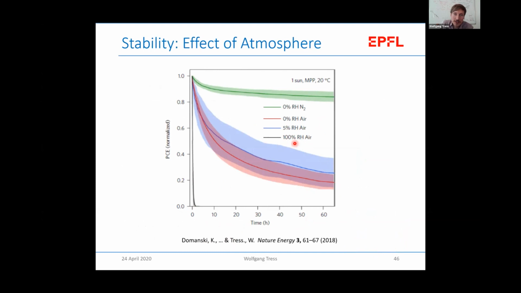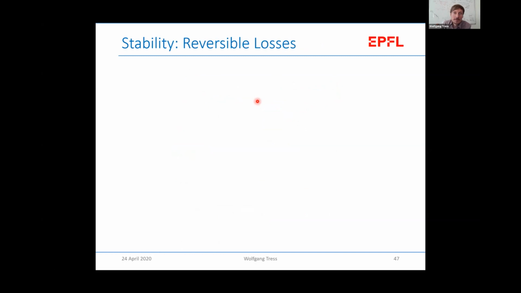This was of course a very high humidity value, but also when you have air, where oxygen is present, under light, devices degrade rather quickly. On nitrogen, like here in Earth atmosphere, it looks much better, but still there is degradation, and very often this is seen. Of course, there's also very good data reported in the literature.